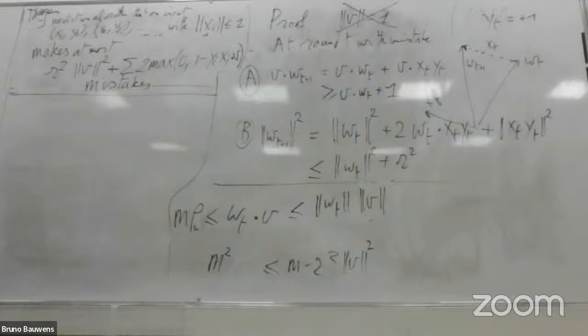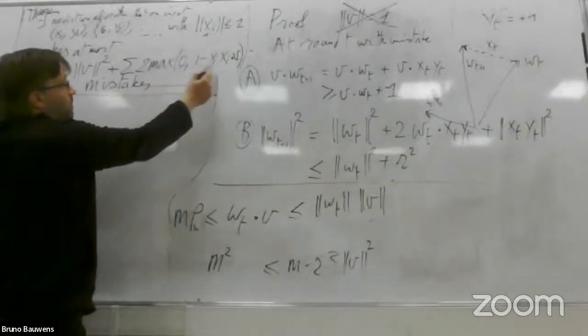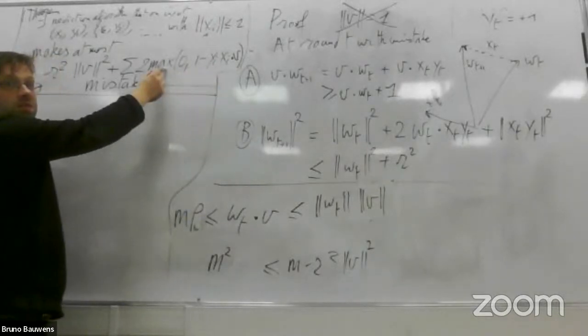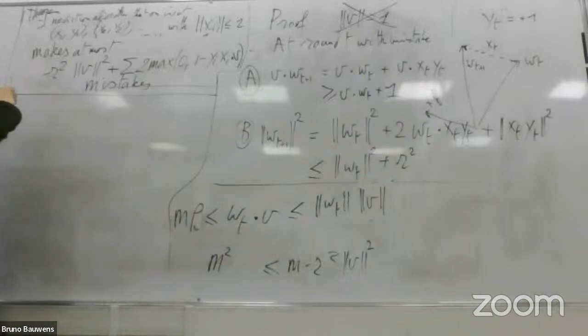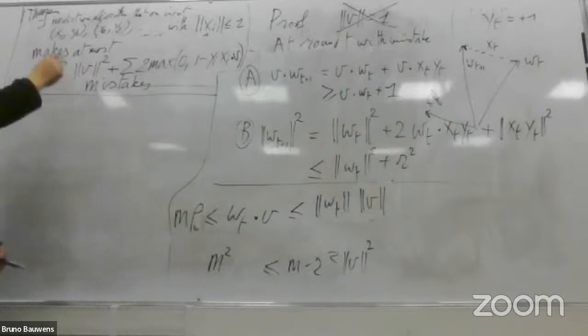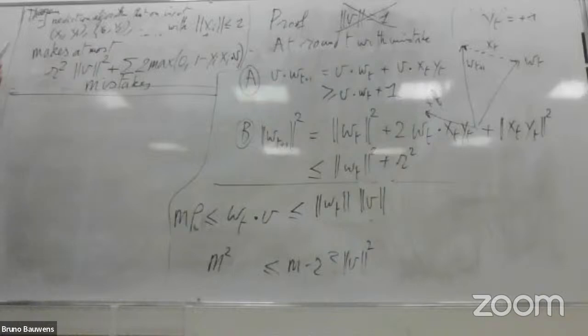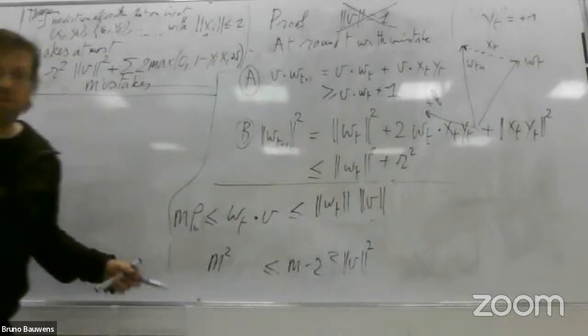But now it says that if we manage to have a V for which this margin error is reasonably small, then we make few mistakes. So it may happen that there are a few points, finitely many points, that are on the wrong side of the hyperplane. But then when we go through the infinite sequence, still the number of mistakes will be bounded. And so we need to prove this theorem, and then the lecture is finished.